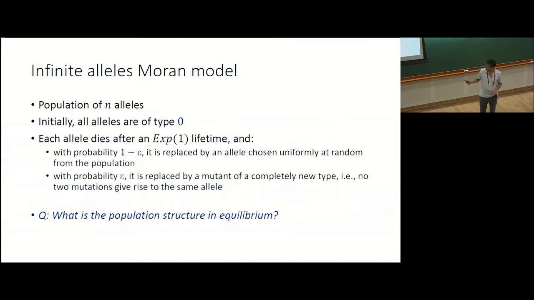There are other models. There's something called the infinite alleles model, where again, you start out with everybody being of the wild type. Now, every time there's a death, you get, with probability epsilon, a mutation of a completely new type, each mutation being different.